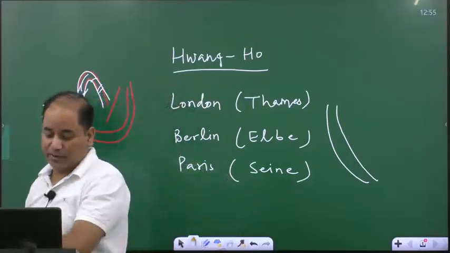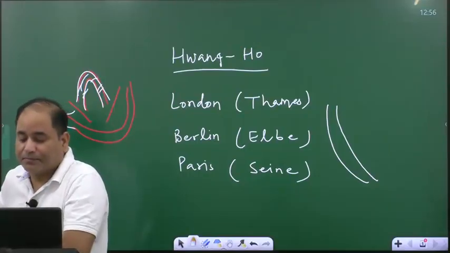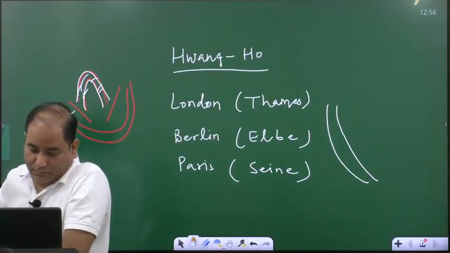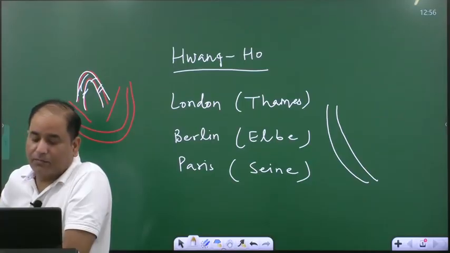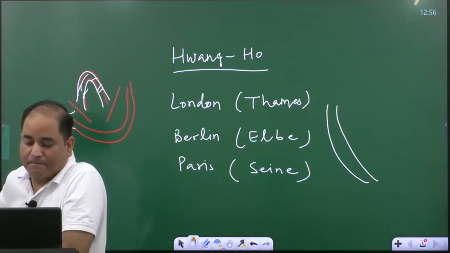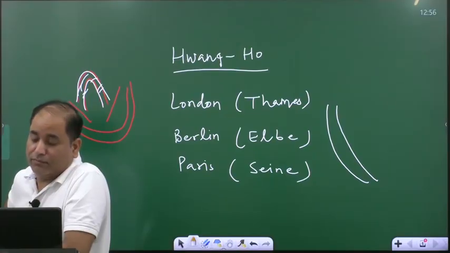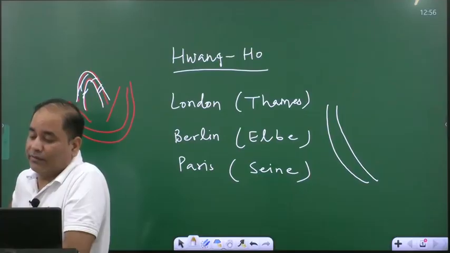So soil, water. Next point, please write rocks and minerals. Also we have natural vegetation and animal life.